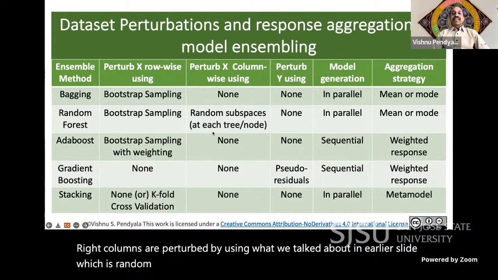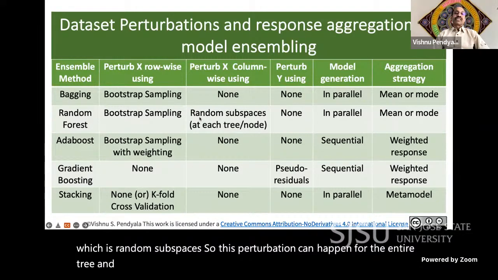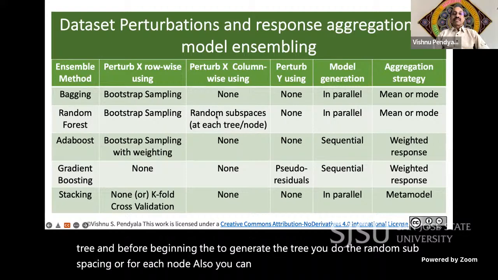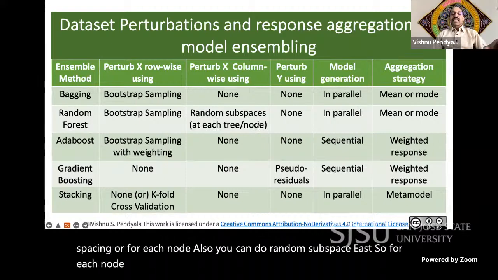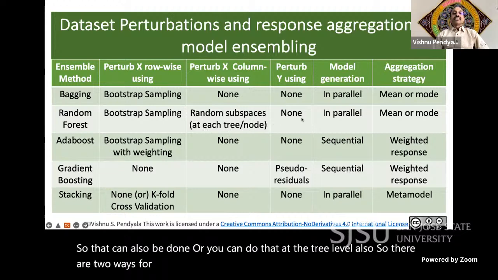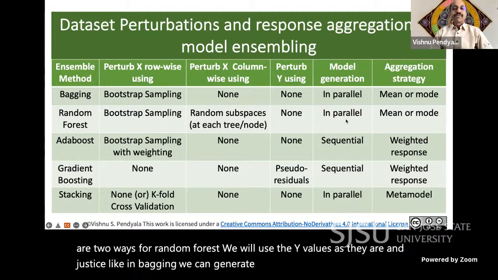This perturbation can happen for the entire tree, and before beginning to generate the tree, you do the random subspacing. Or for each node, you can also do random subspacing. So for each node, you choose a subset of the features randomly. That can be done, or you can do that at the tree level also. So there are two ways for random forest. We will use the Y values as they are, and just like in bagging, we can generate the trees in parallel, and mean or mode, the same thing.